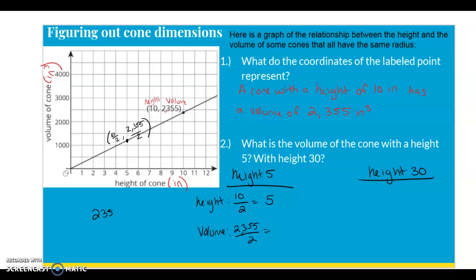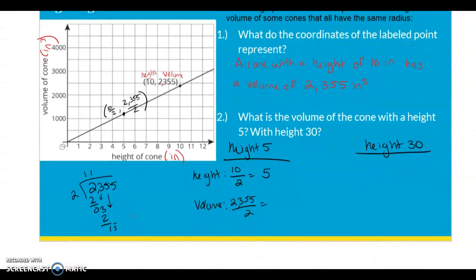So 2,355, of course you can always use a calculator to figure this out. Oops, I don't have enough room. There we go. So if you plugged it into a calculator, you might have gotten something like this.